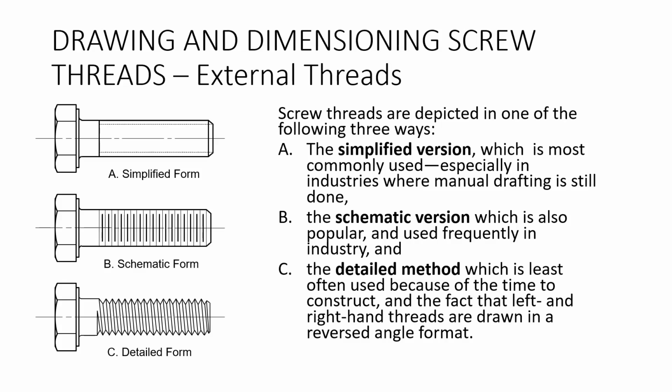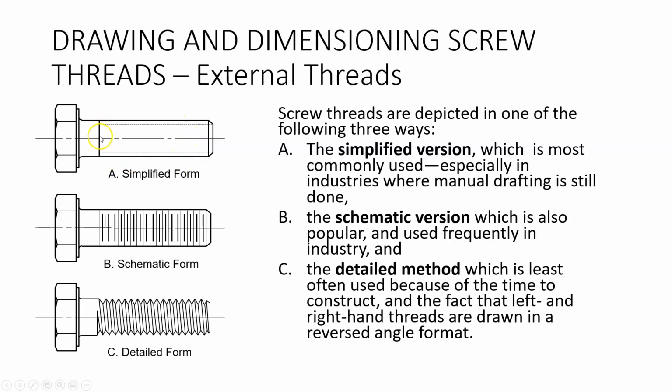The simplified form is the most common way to represent threads in an engineering drawing. The simplified form is going to have an appearance like this. This is, of course, an external thread, not a hole. We have hidden lines here that represent the minor diameter, and the major diameter is represented with the visible line.